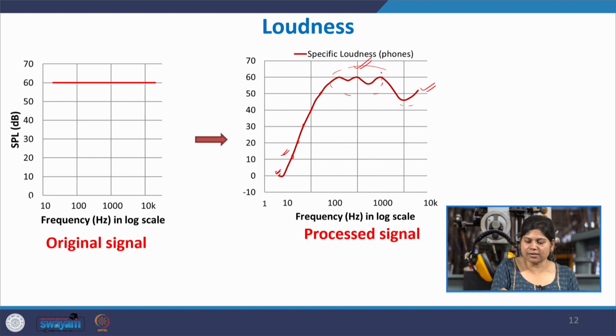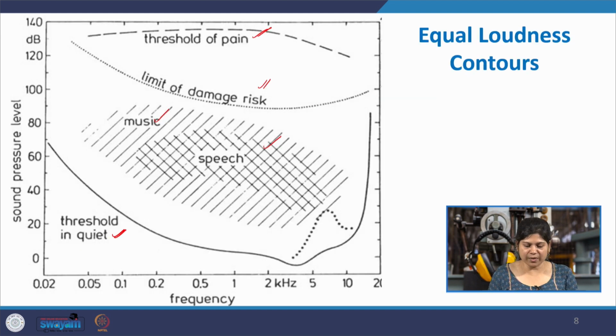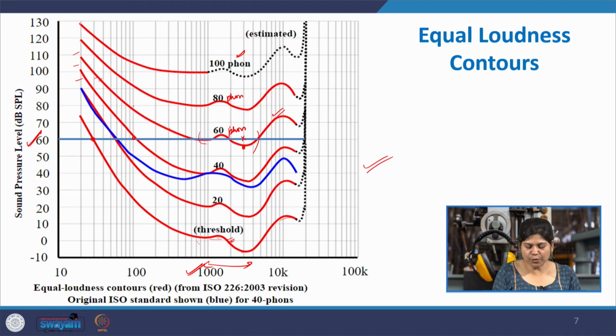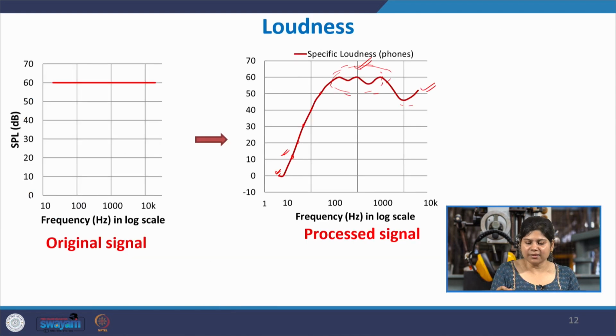It hears it as similar to 60 dB only within this sensitive zone, between 1000 hertz and 4 kilohertz. Below that the loudness decreases so that it is barely audible below 10 or 50 hertz, and then suddenly the loudness also drops at some higher frequencies.